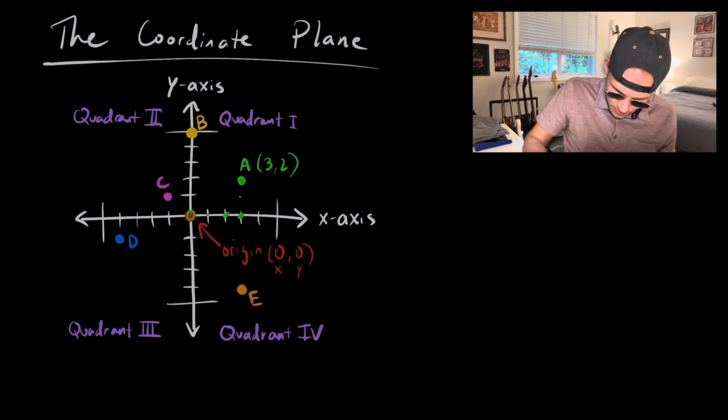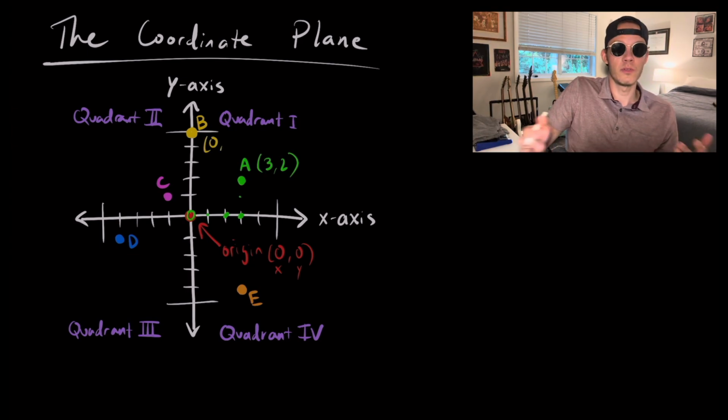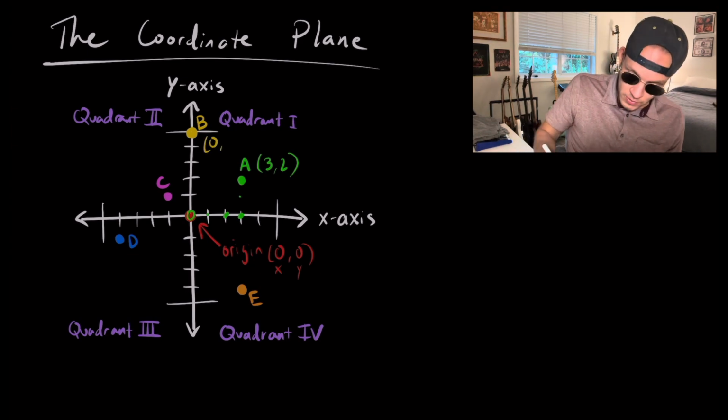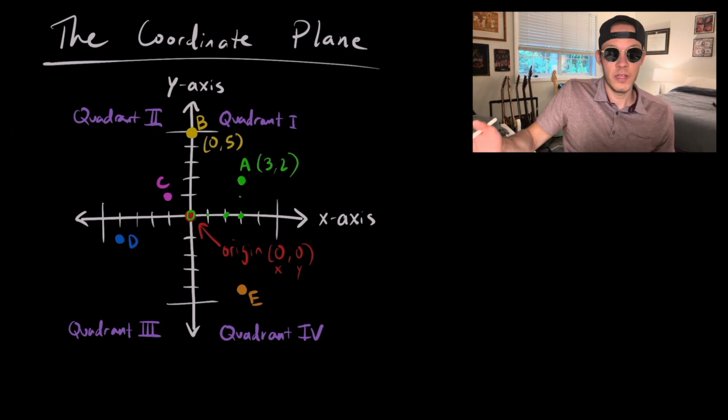All right, for B, start at the origin again. We don't have to move left or right because B is directly above the origin, so we know that it has an x coordinate of 0. Don't move left or right, we just go up. How far do we go up? We go 5 up. So 0, 5 is the coordinate for B. Feel free to pause the video and do the rest of these or skip it because you should already know this.